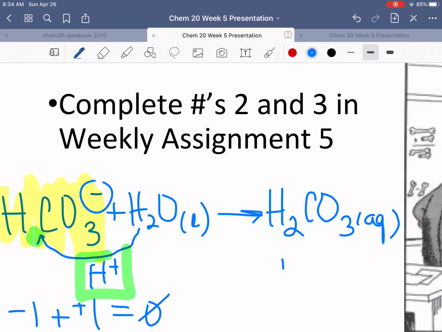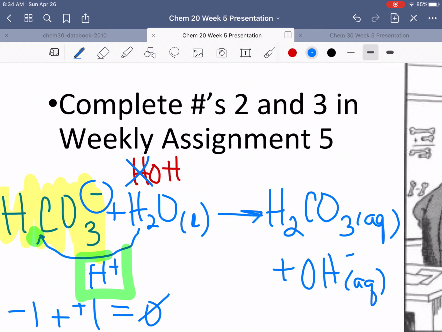Okay, what's left over? Well, if the hydrogen left from the water, remember what I said, it's easier to think of it as HOH, right? And then this hydrogen leaves. We end up with a hydroxide. Never forget hydroxide is negative. It's an anion. And again, it makes sense. The positive hydrogen leaves. We started at 0 for water minus a positive hydrogen. Of course, you're going to get a -1.